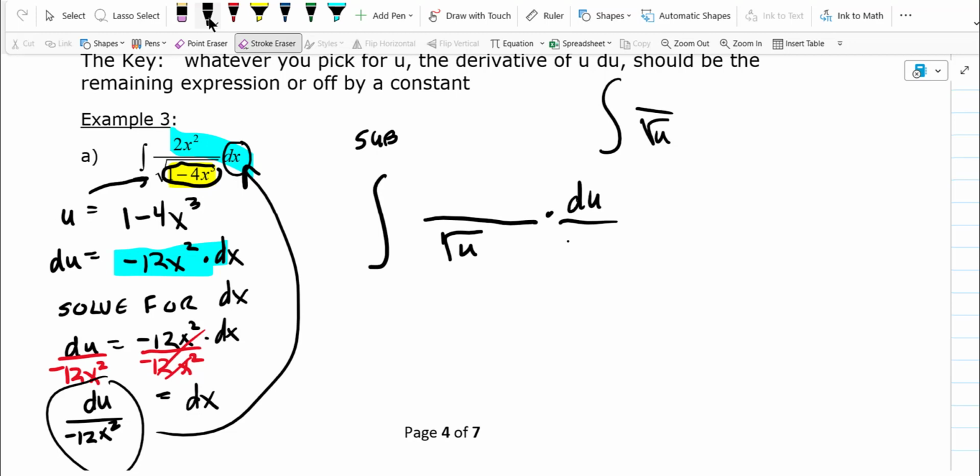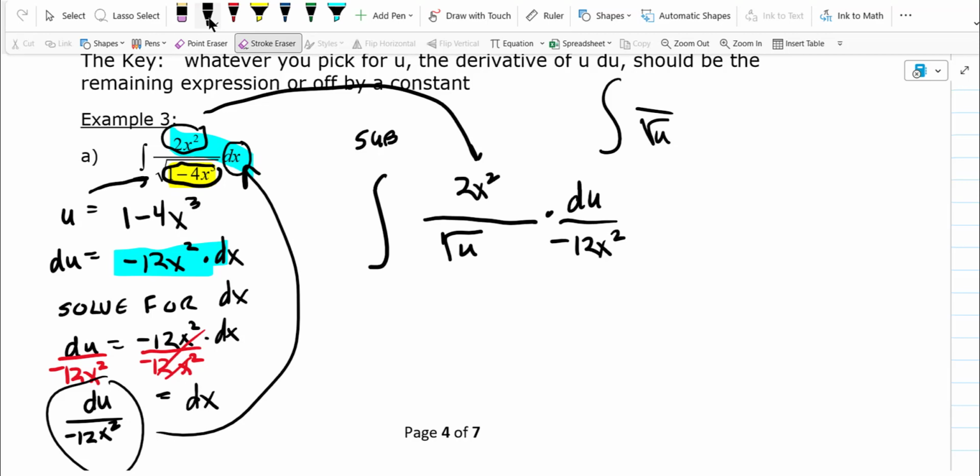That will be du over negative 12x squared like that now. Okay, now you have to substitute in for everything. So the only thing I haven't substituted in for is 2x squared. So simply bring it down. Okay, so you just basically substitute in for u and substitute in for dx. Okay, you guys with me so far?